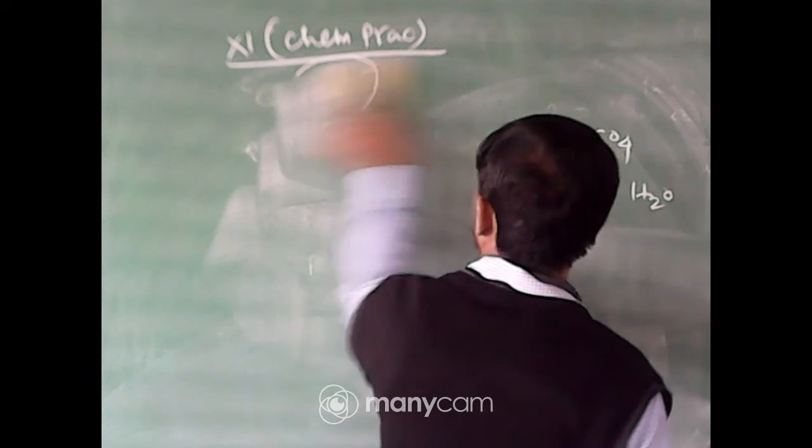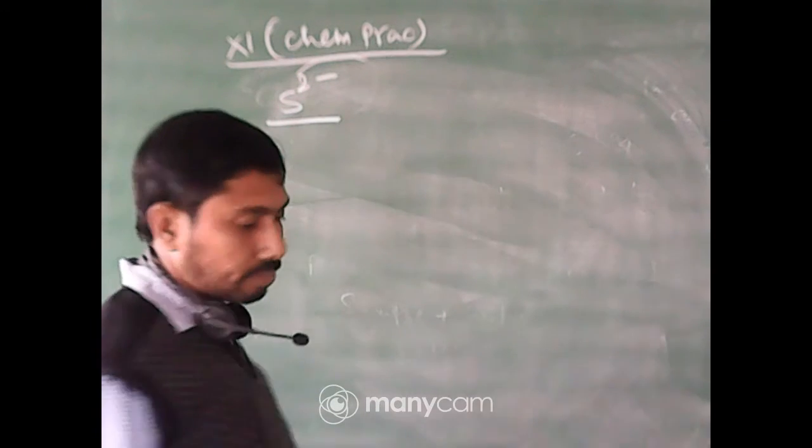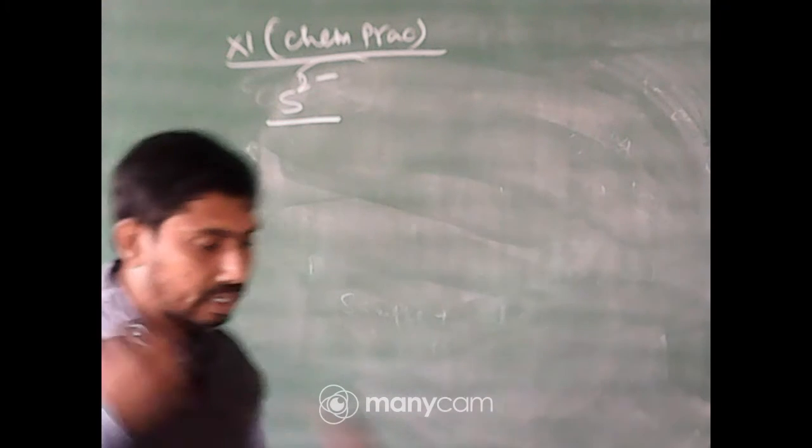Now the next test is for sulphide, S2 minus. So we have to take one sulphide sample, then dissolve it in the appropriate solvent, and then test with the appropriate reagent.